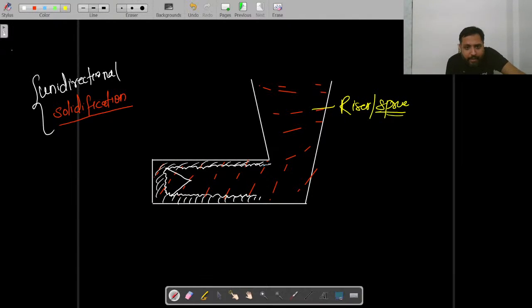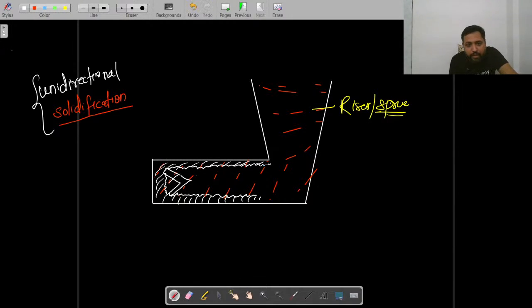Suppose there was an impurity here. As the solidification front formed and moved in this direction, it will push these impurities in this direction towards the liquid state, and the same thing will keep happening, right? Because impurities are not that soluble in the solid state.